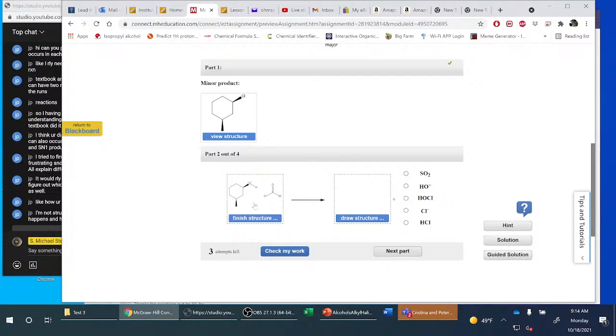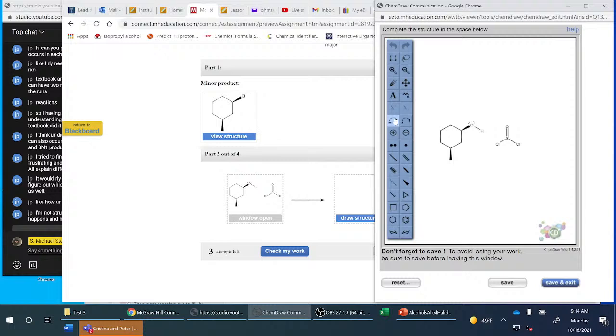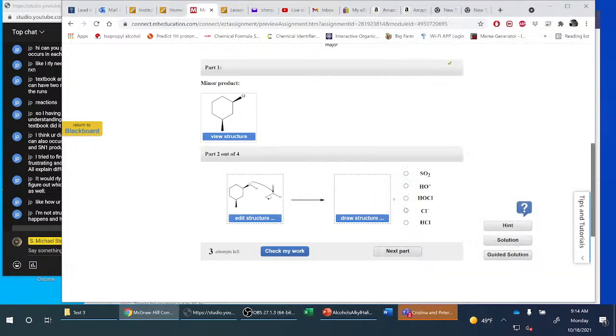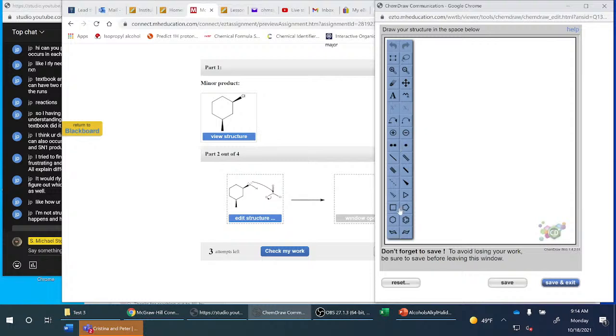Now, writing out the mechanism, it's going to go back to what you did before on the previous problem. We're going to have the oxygen attack the sulfur, and we're going to displace the chlorine. And our final product here. And you're going to have to include every piece of stereochemistry with this as well.